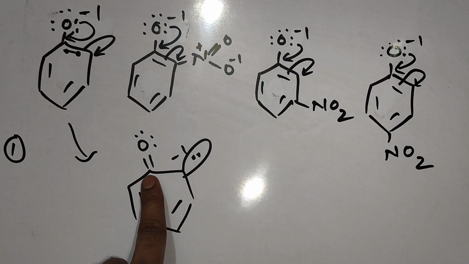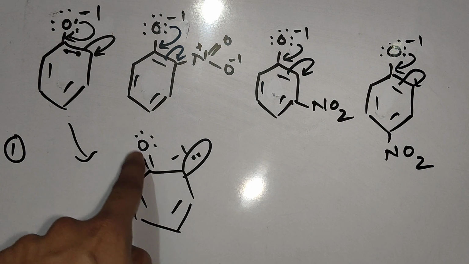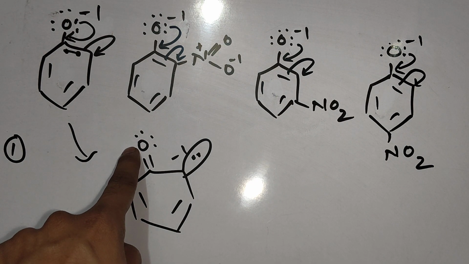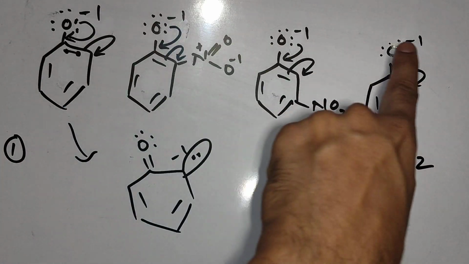Means normal resonance of oxygen, or you can say plus R effect of oxygen. This oxygen will make it stable because its negative charge, you can watch, it is getting finished, and it is available in all cases.